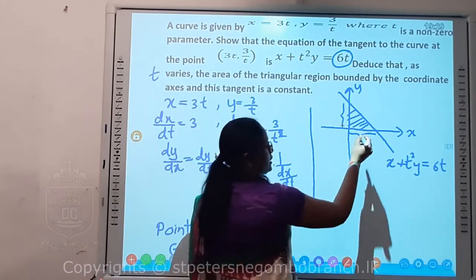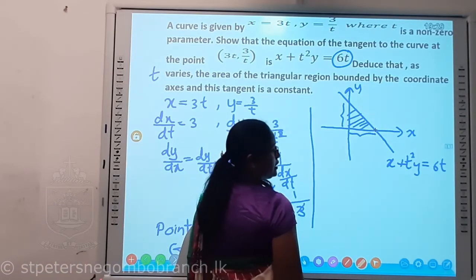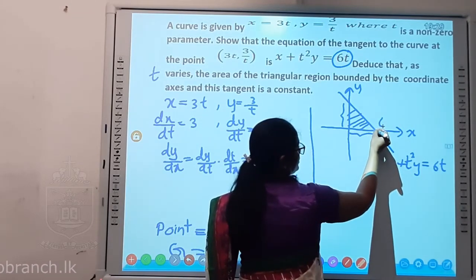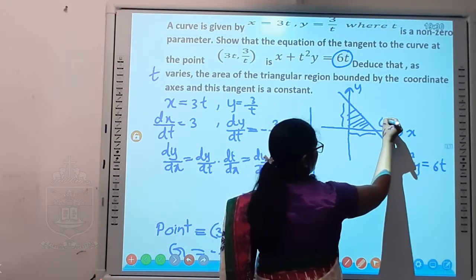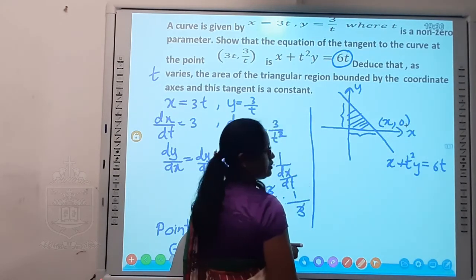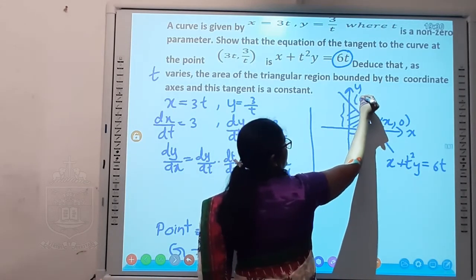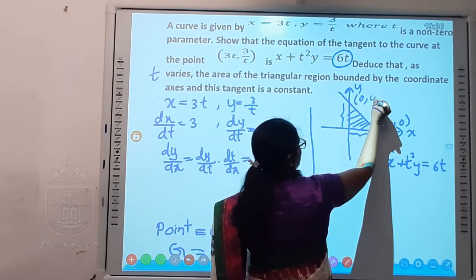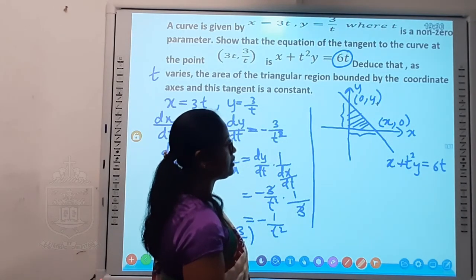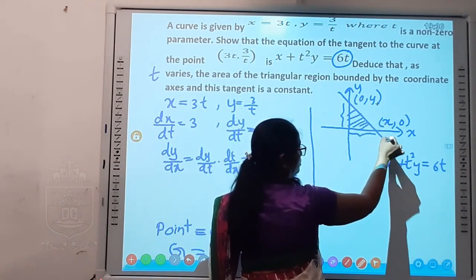To find this length, I'm trying to find the value of this x coordinate. So if I write the coordinates, here the y coordinate will be 0. And in this point, the x coordinate is 0, and there should be a y coordinate because they are on the axes, right? So how can I find the y coordinate? I have the equation.